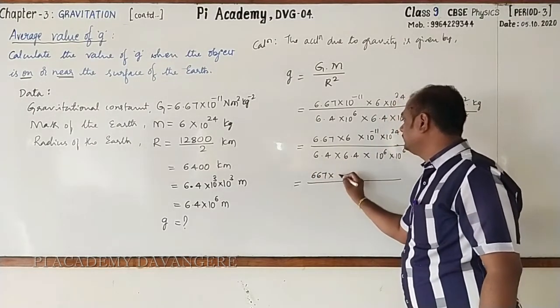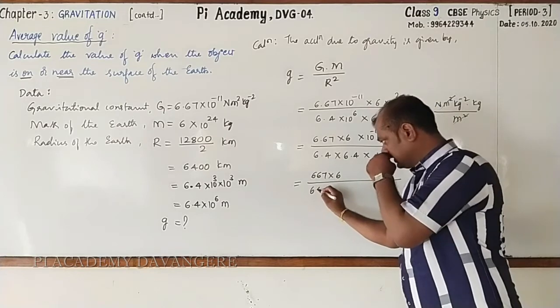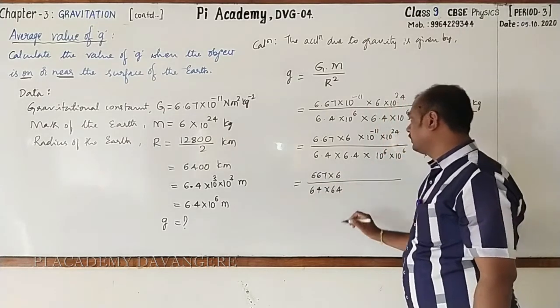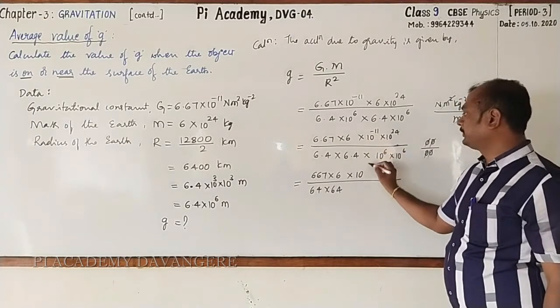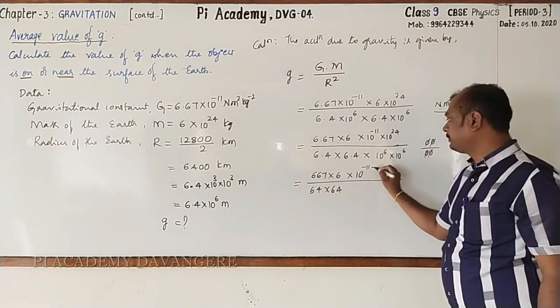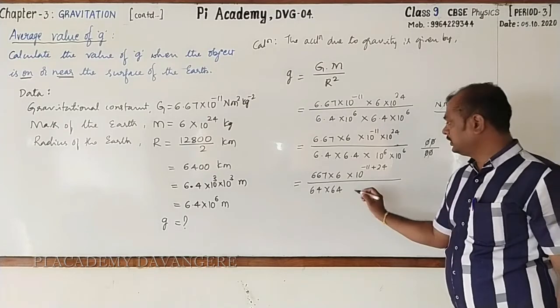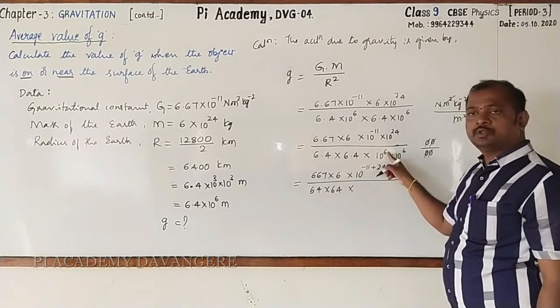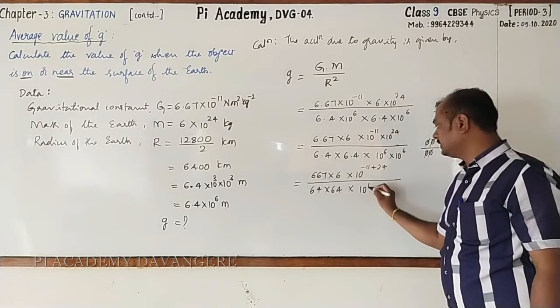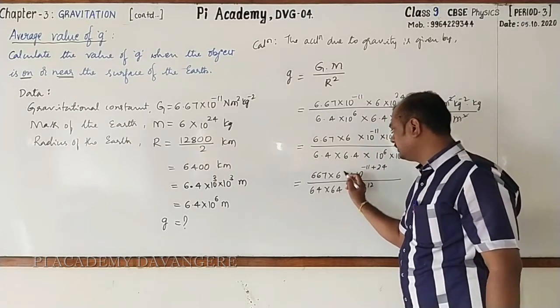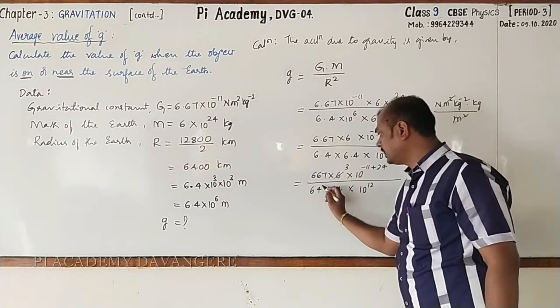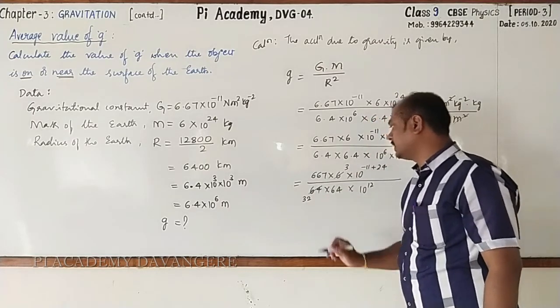We can write 667 × 6 by 64 × 64, with 10^(-11+24) in the numerator, and in the denominator 10^6 × 10^6, it is 10^12. Now you may go for cancelling. See that 2 3s are, 2 3s are, 2s are.